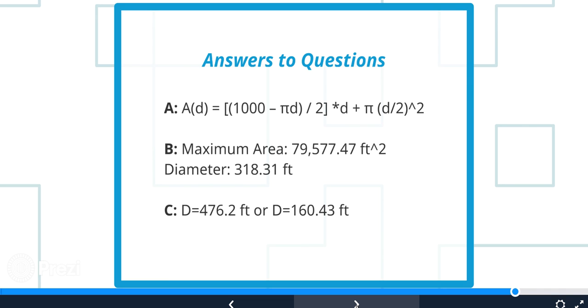The maximum area is 79,577.47 feet squared, and the diameter when the stadium is at maximum area will be 318.31 feet. For step C, what is the length of the diameter when the area of the stadium is at least 60,000 feet squared? The diameter will either be 476.2 feet or it will be equal to 160.43 feet.